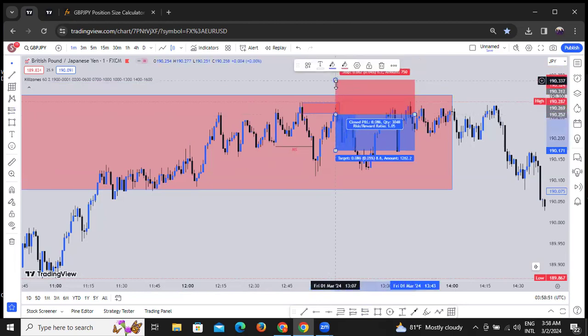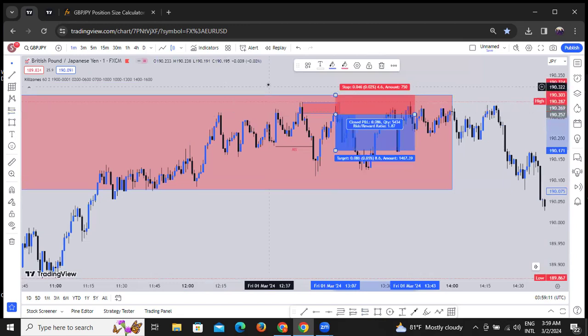All right, now this one I have to put right here, and the reason why I place it there is because this zone is from higher time frame, so I cannot put this one right here. Let me make it simple.